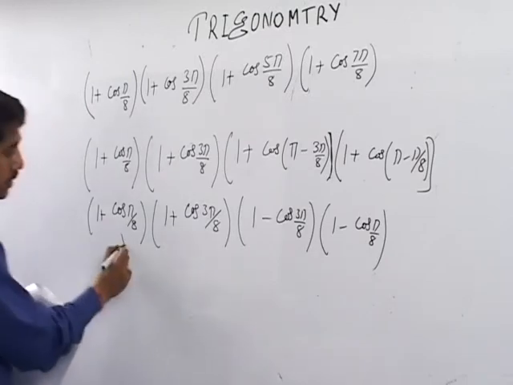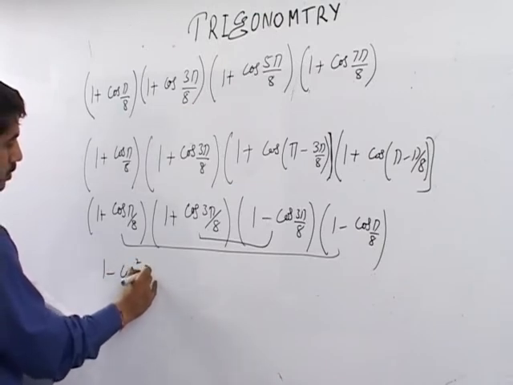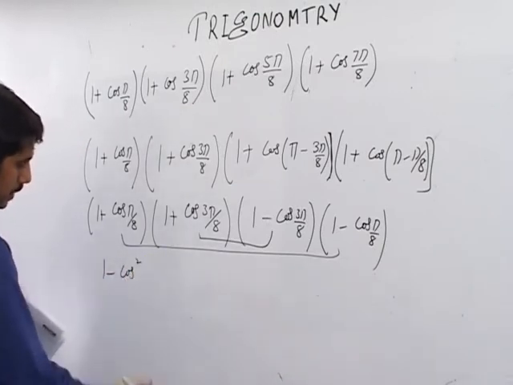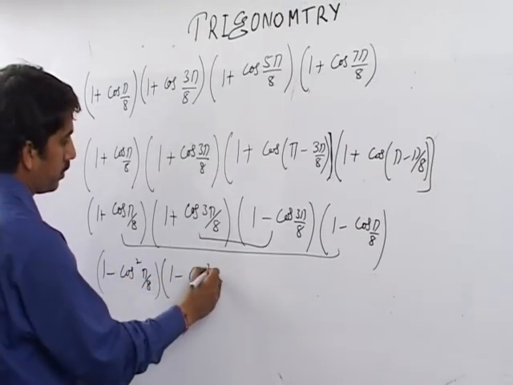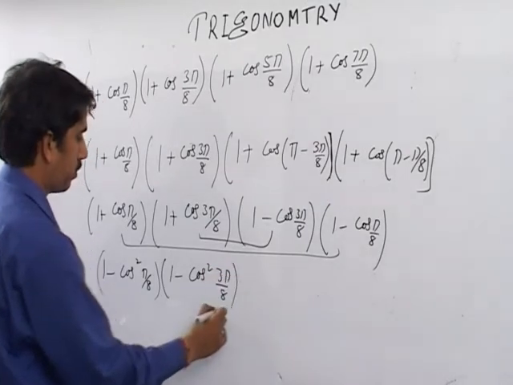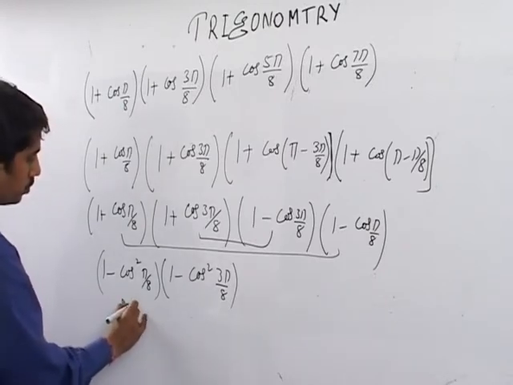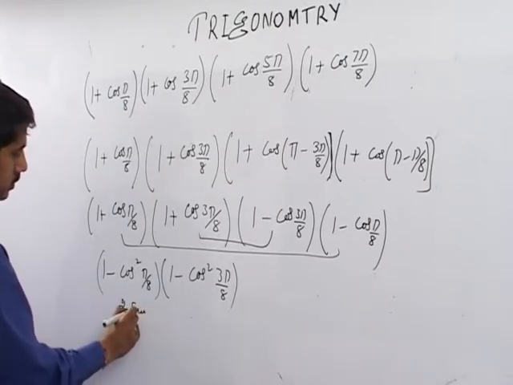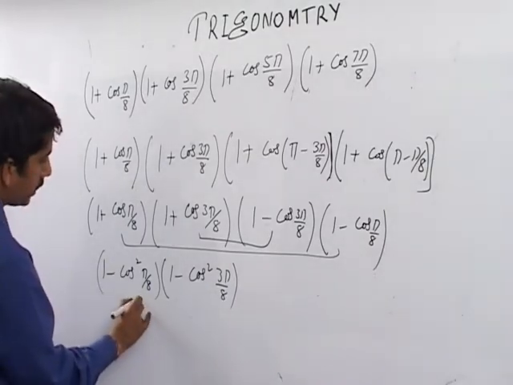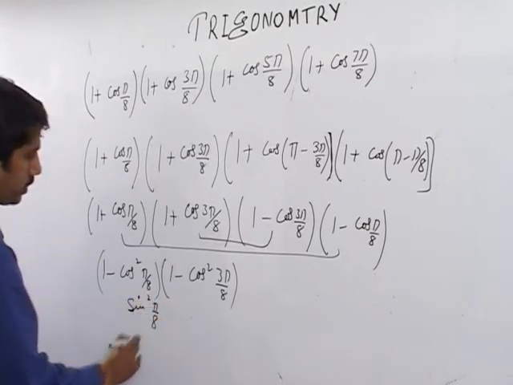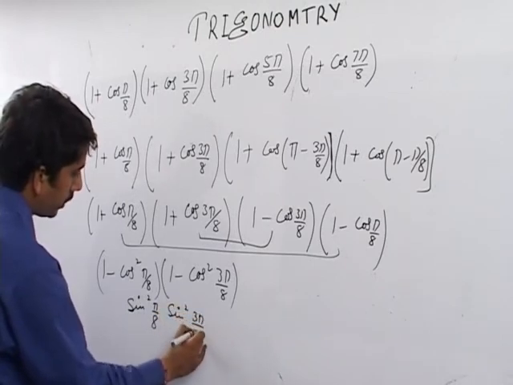Now by combining this and these two, you will get 1 minus cos square pi by 8 into 1 minus cos square 3 pi by 8. Now this is equal to, this is 1 minus cos square theta is sin square theta, sin square pi by 8, and then sin square 3 pi by 8.